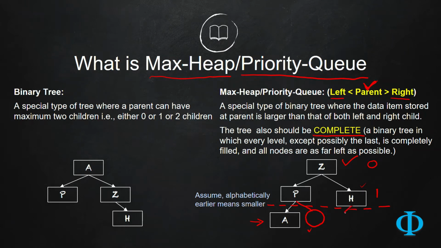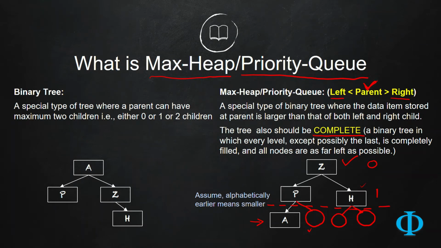Then the left child of H is also empty. The right child of H is also empty. So there are several empty spots at the last level of this binary tree.